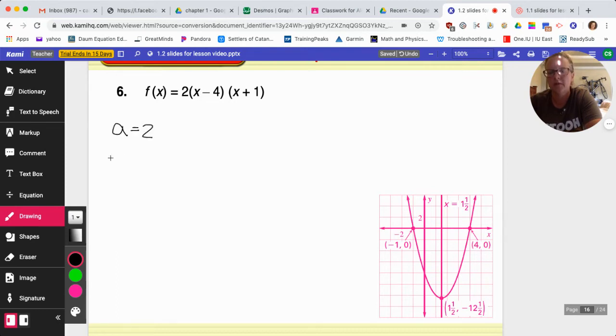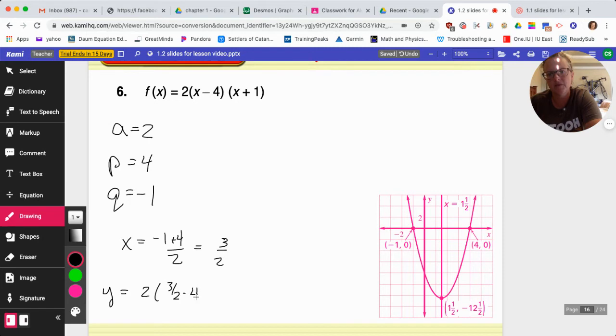Happy. p equals 4, q equals negative 1. So x equals (negative 1 plus 4) over 2, which is 3 halves. That means my y value is going to be 3 halves minus 4, times 3 halves plus 1.